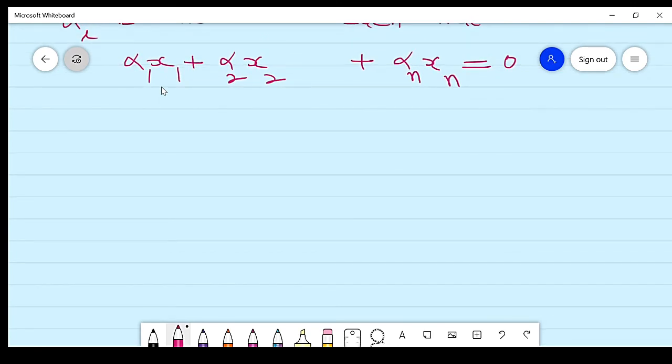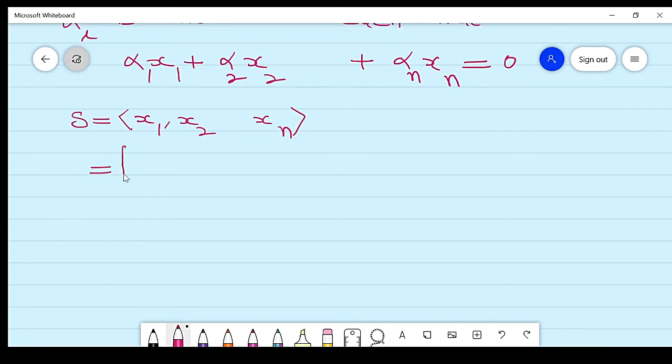Next is span. For a vector space, the span of S is the set generated by S. So if S is generated by these vectors x1, x2, up to xn, what does it mean?